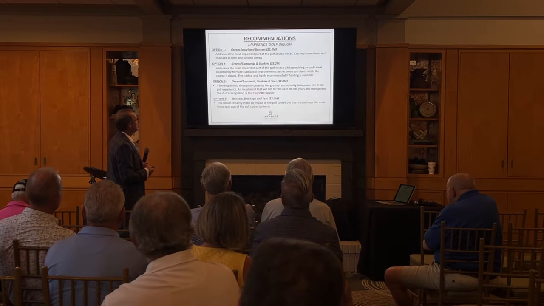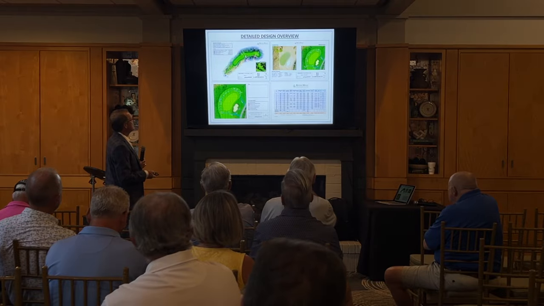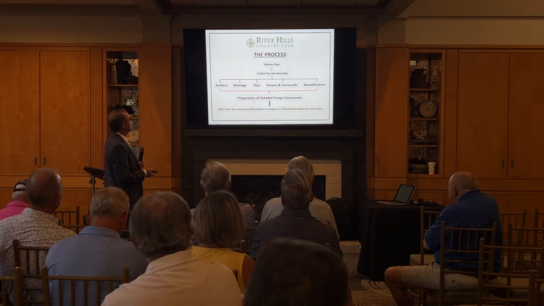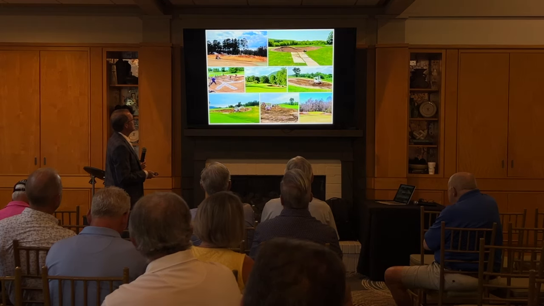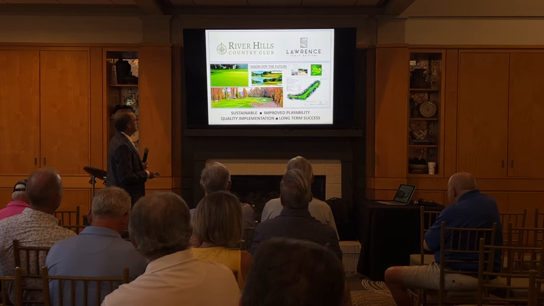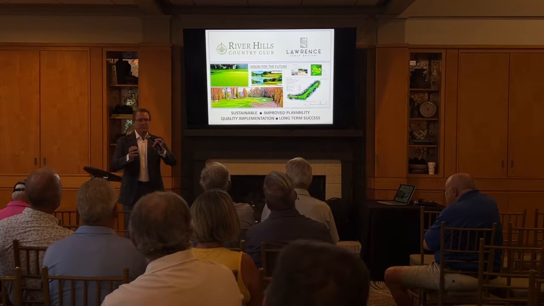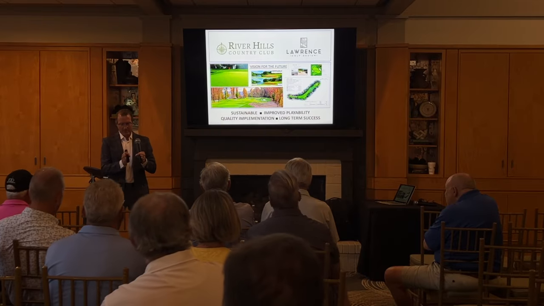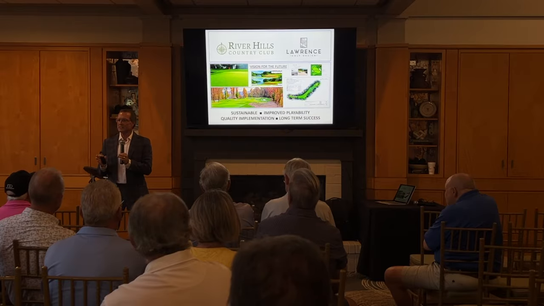I do want to go back to one slide. There was a timeline slide in the presentation where you have a construction process, and then you have a growing process.